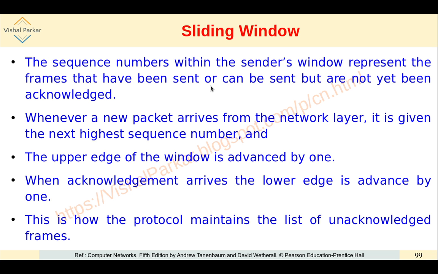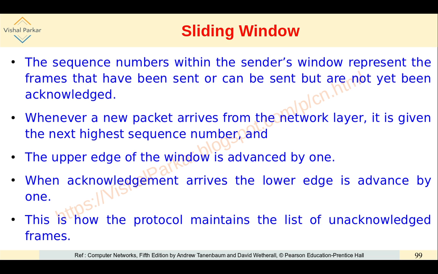So the sliding window, once again, may be representing the frames that have been sent already, or the frames that can be sent, or that have been sent but not yet been acknowledged.